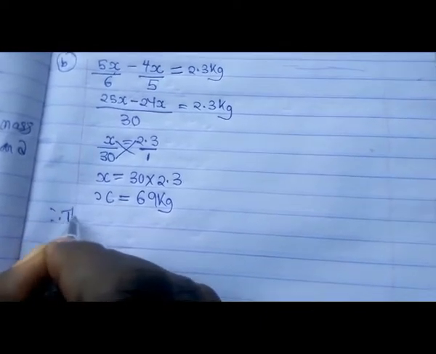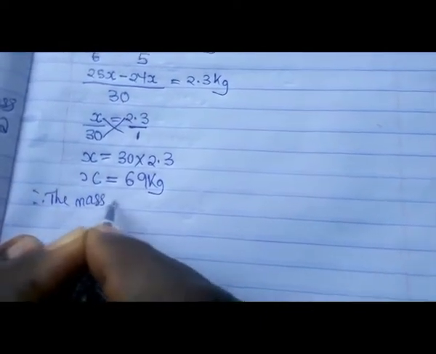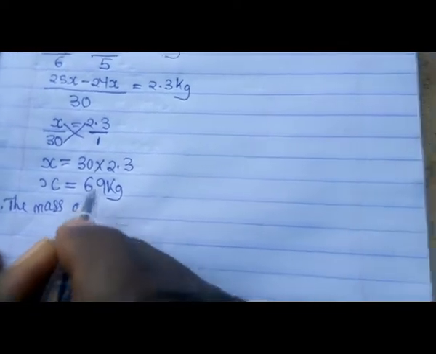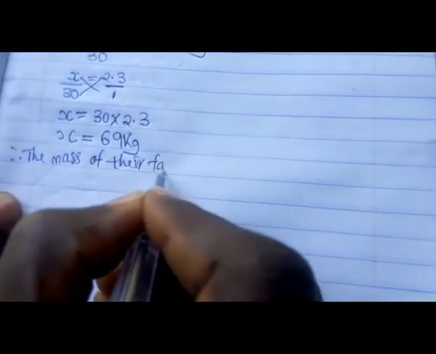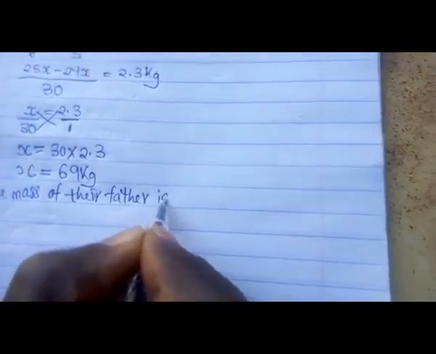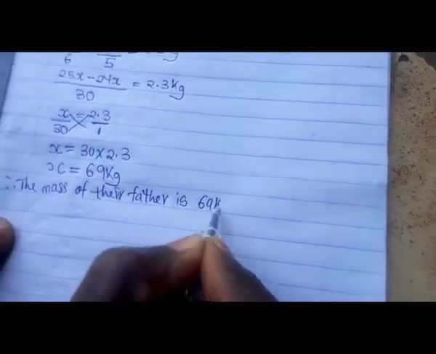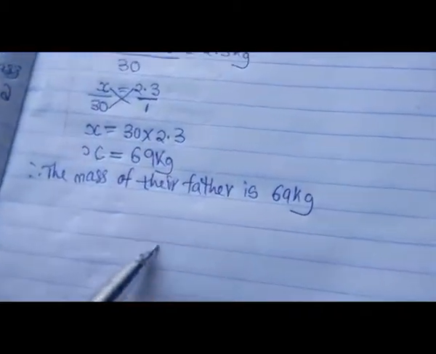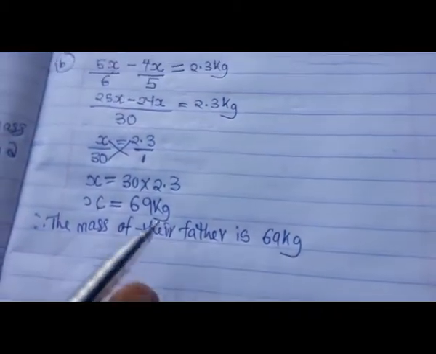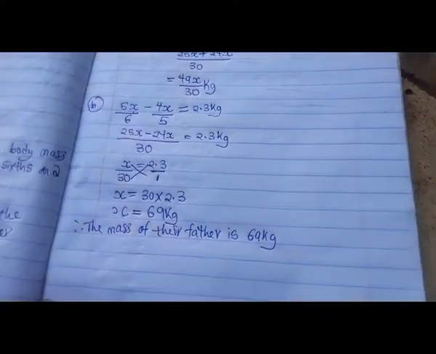Therefore, the mass of their father is 69 kilogram, because their father is X. Therefore, the mass of their father will be what? 69 kg. So this is the end of question 2.